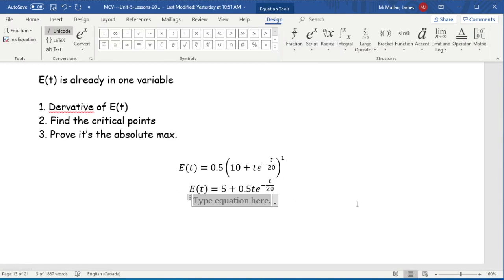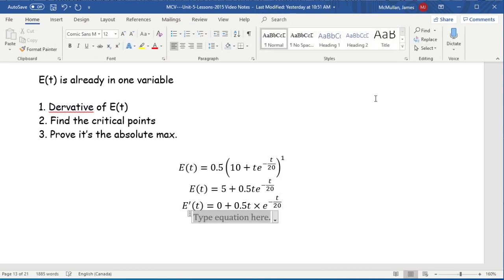So let's distribute. The derivative, of course, is going to be equal to 0 plus, okay, so again, this is a product rule, right? So we have 0.5t as our first function, and then it's multiplied by e to the negative t over 20. So we need to do a quick product rule.